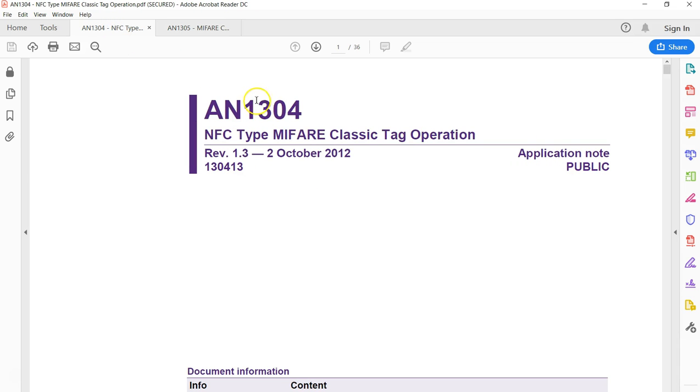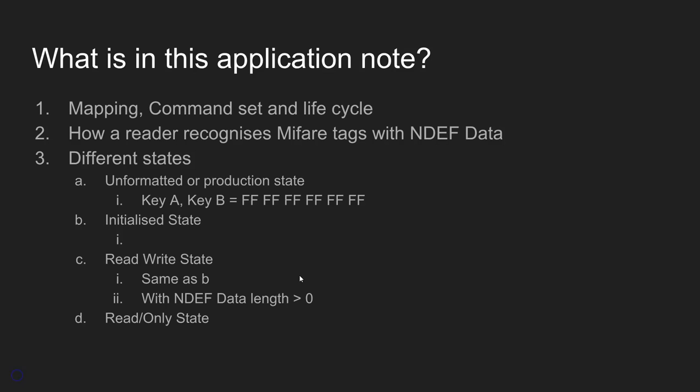But this is the most important document you have to understand, and every paragraph of this document is interesting and easy to understand. So this is the summary of the first document I mentioned.